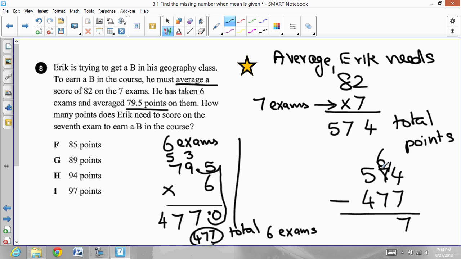You cannot take a 7 from a 6. Let's borrow. That becomes a 16. 16 minus 7 is 9, so 97. So he really has to do well on the 7th exam and get a 97 on that exam for him to get a B in the geography class. In this case, the answer is going to be I.